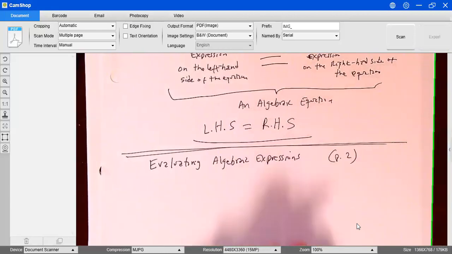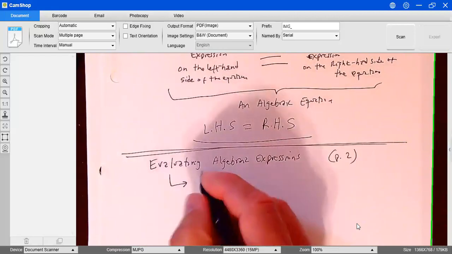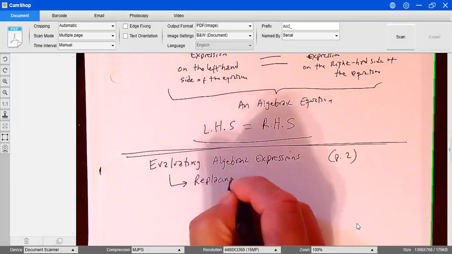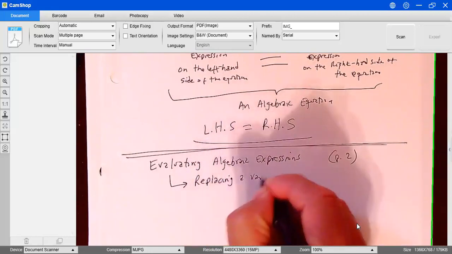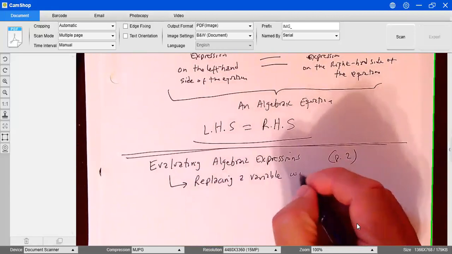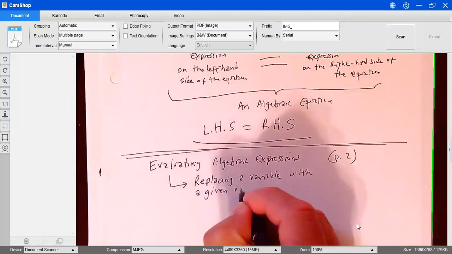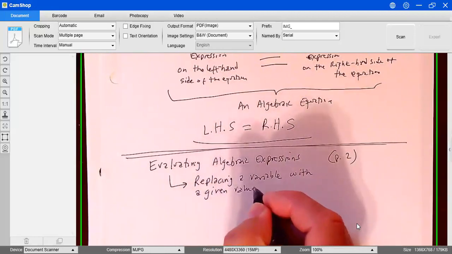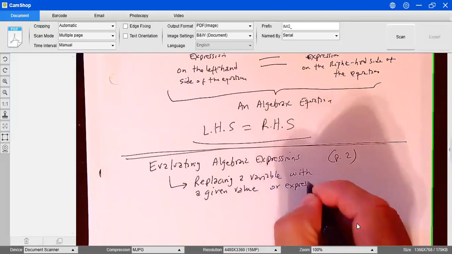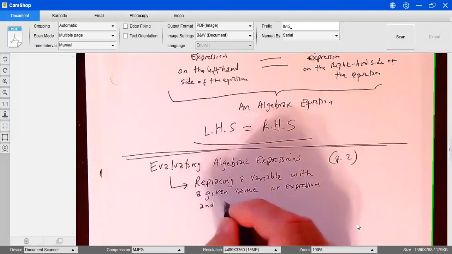What do we mean by evaluating? It's just replacing a variable with a given value or expression, and simplifying the result.